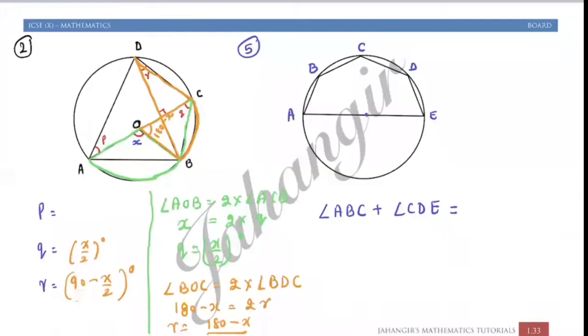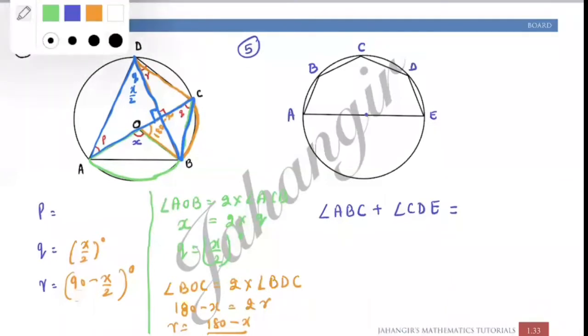Now we want P. For that, first I can write this as 90 degrees. If you see, this is again Q. Angle ACB and angle ADB are equal angles in the same segment. You can see in the blue line, it's in the segment AB. So this is again Q, but Q is X by 2.